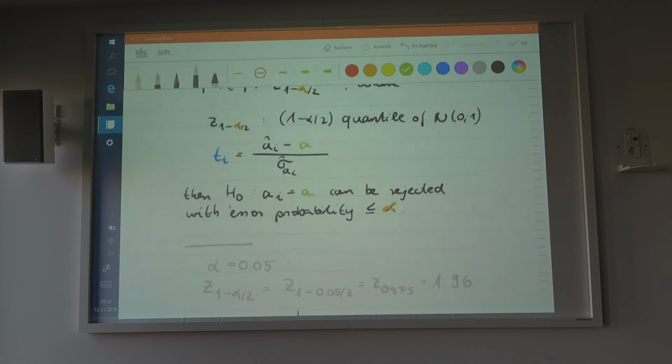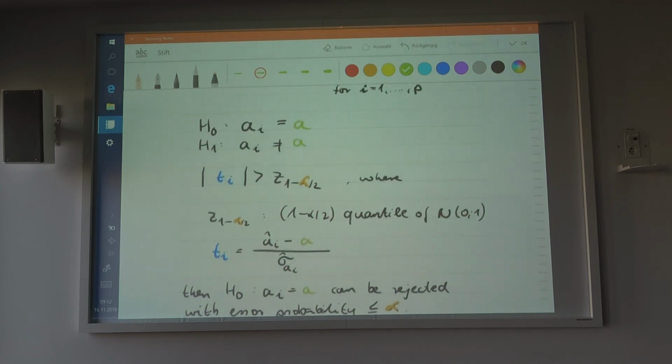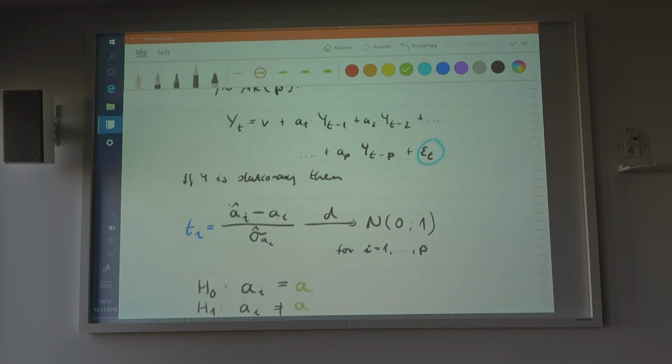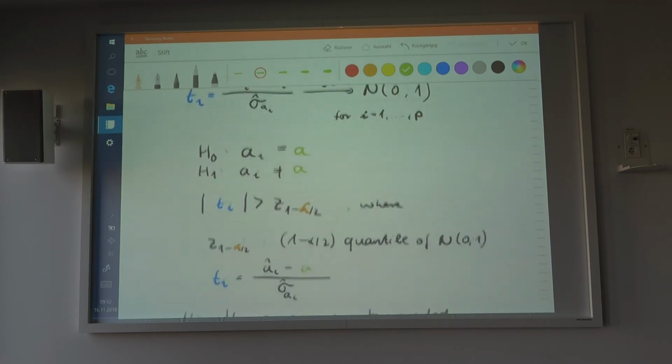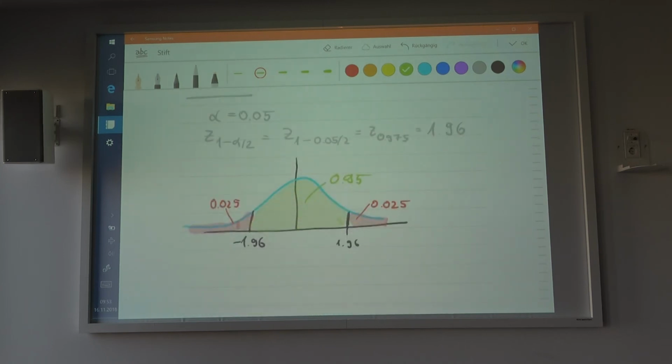Now, maybe you remember this: if the process is stationary and you have the first order autoregressive process, then the coefficient will be equal to 1. That's how you would test the stationarity of a first order autoregressive process.